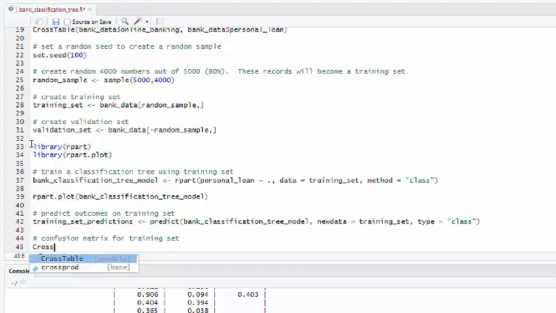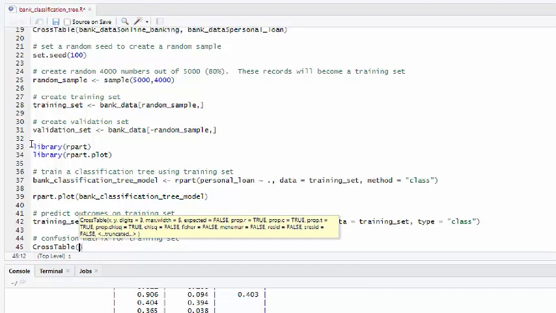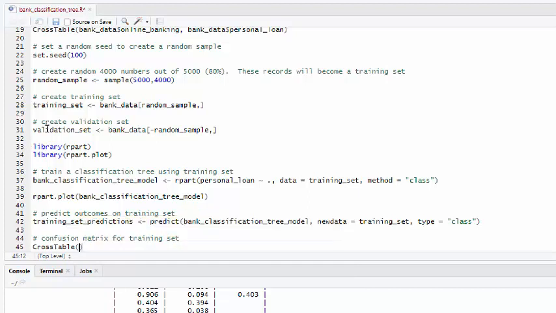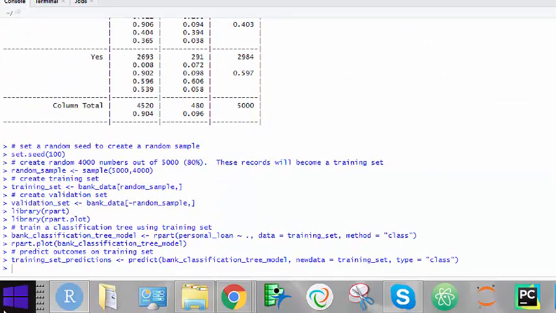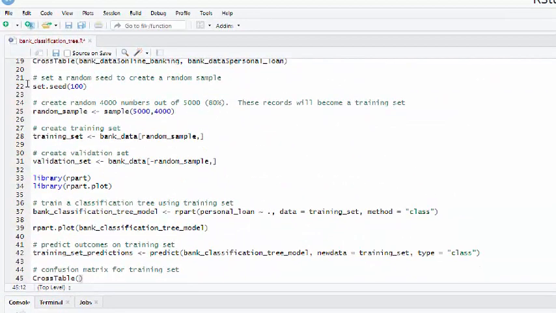Cross table, and I'm crossing two categorical variables. Yes, no predictions, which I just created, training set predictions, versus the real yes, no classifications. How do I access them?